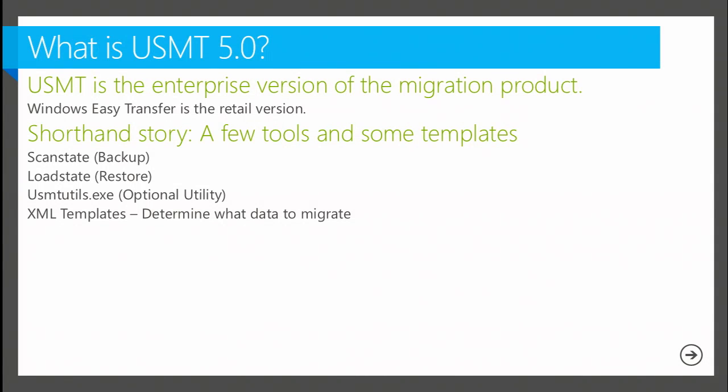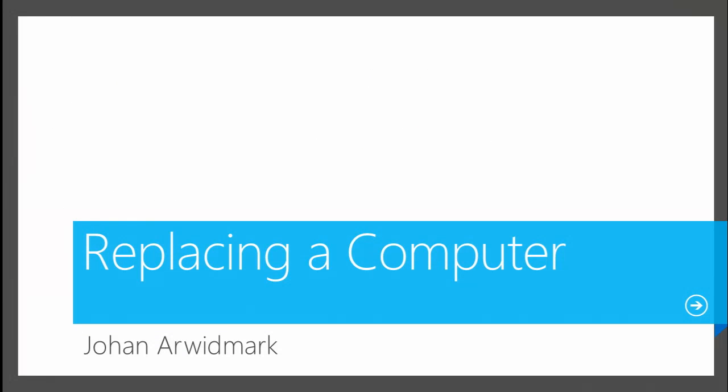Other customers use it for much, much more, to get files from the local hard drive on the machine, and to do all the settings that you can have in a Windows box. But it's you that actually decides, by changing and modifying these templates, what's being backed up and what's being restored on the machine.